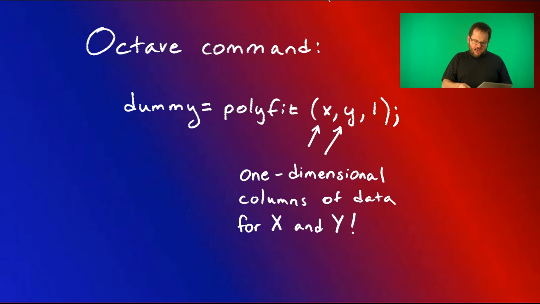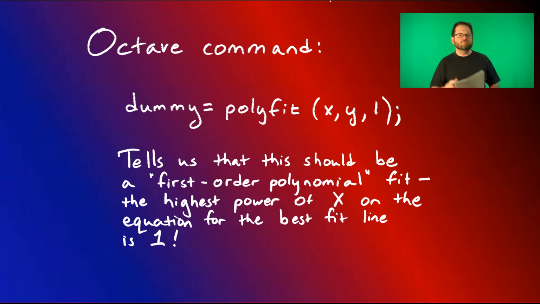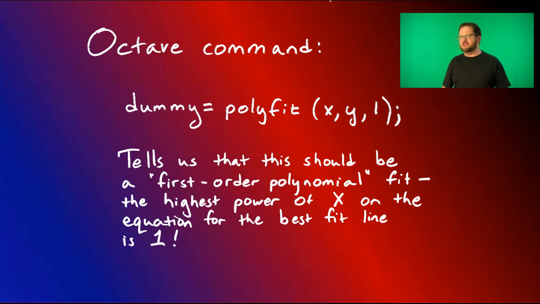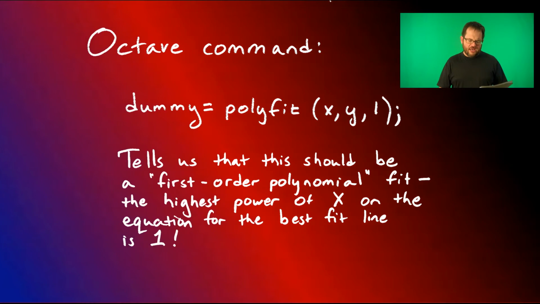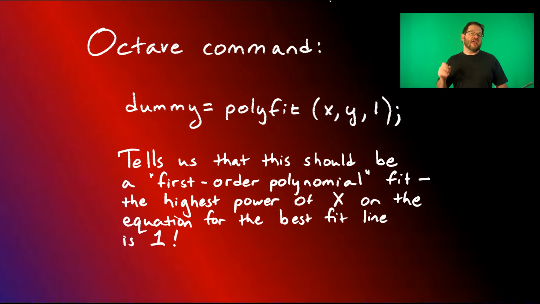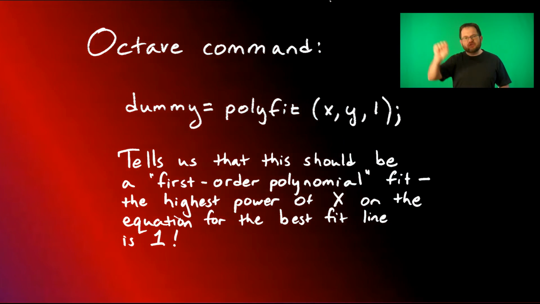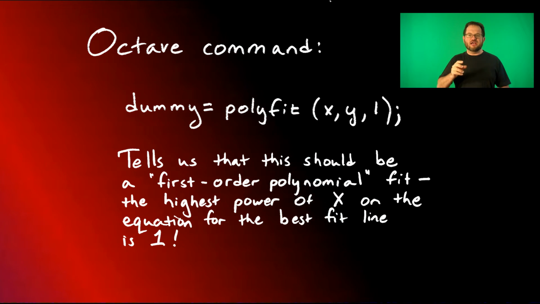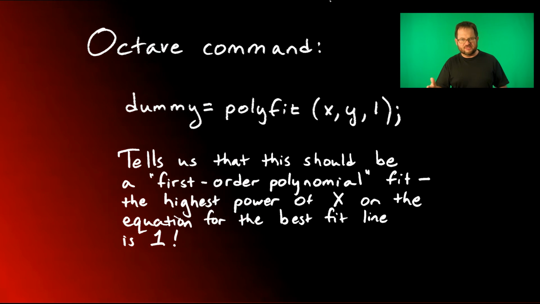That one at the end, that third argument, most of the time that you're using the polyfit command to create a best fit line, you're going to want that to be a 1. That 1 tells us that this is going to be a first order polynomial. The shape of the line that you are fitting to this data is going to have the highest order of any of the exponents on the x terms be 1.